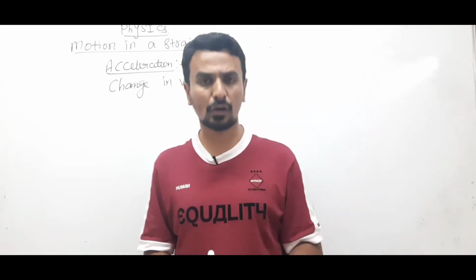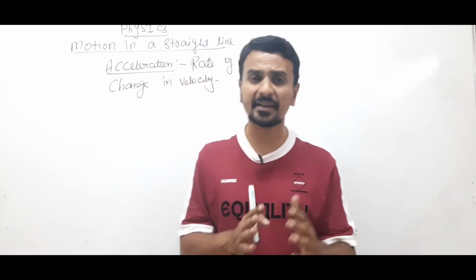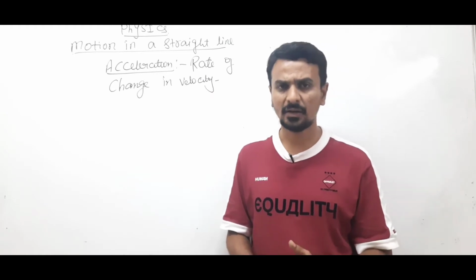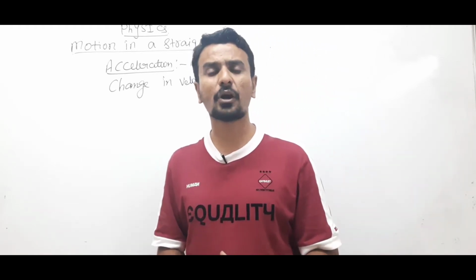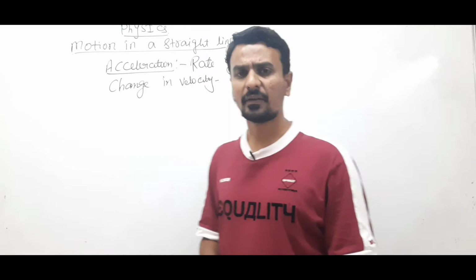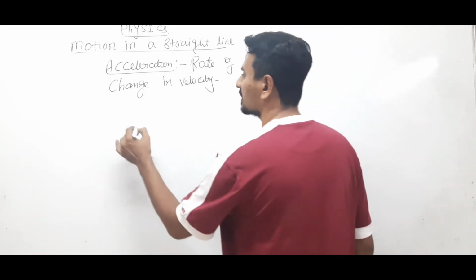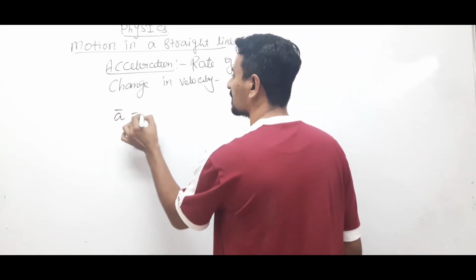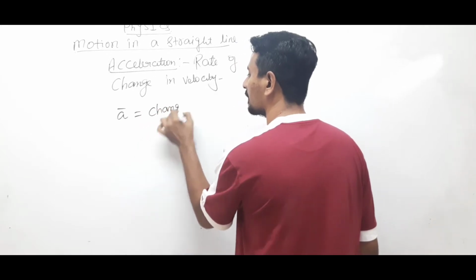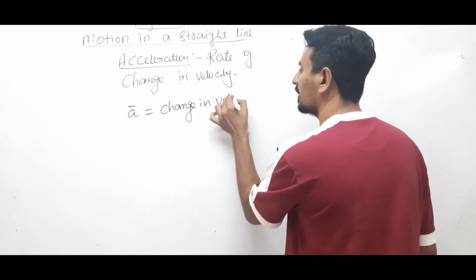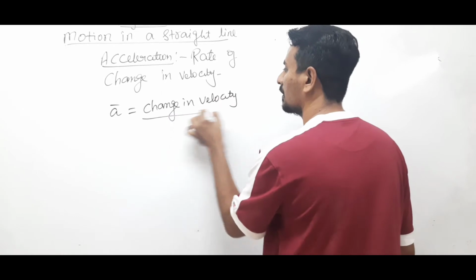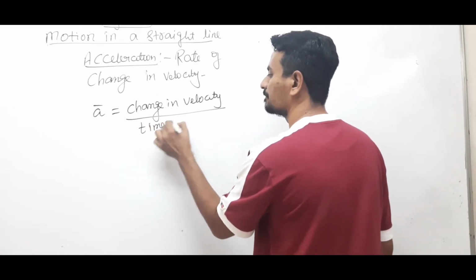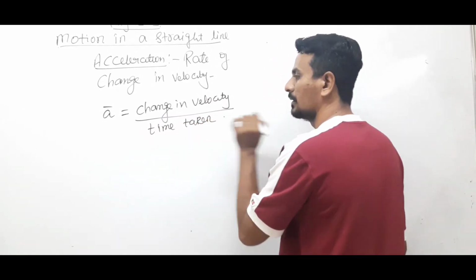Yes, when velocity is constant, it is not changing either by magnitude or by direction, then that particular object will not have acceleration. Clear? So acceleration is defined as change in velocity upon time taken, right?